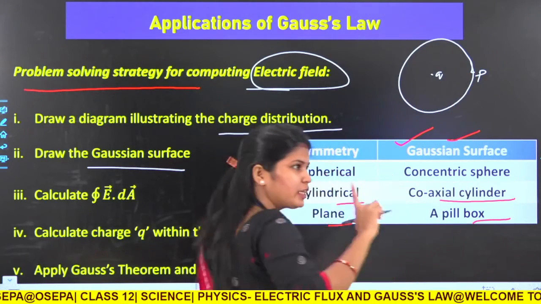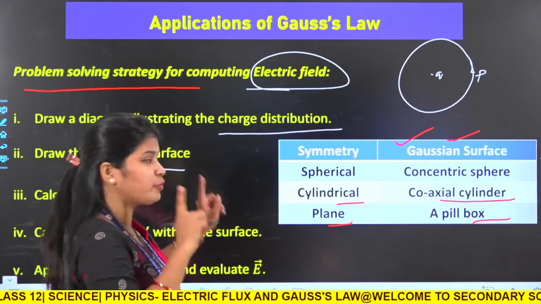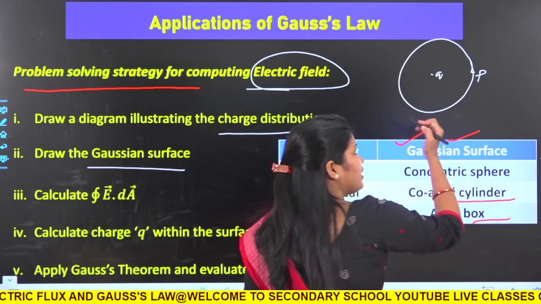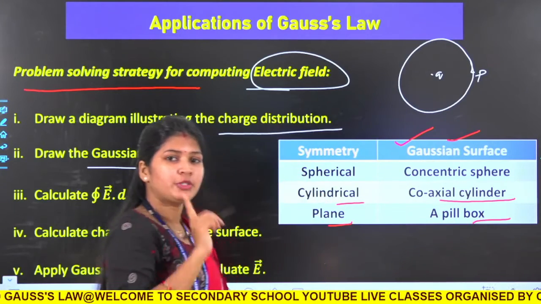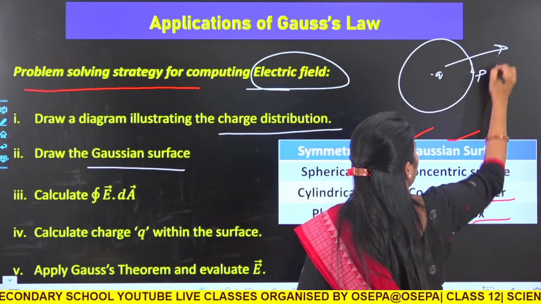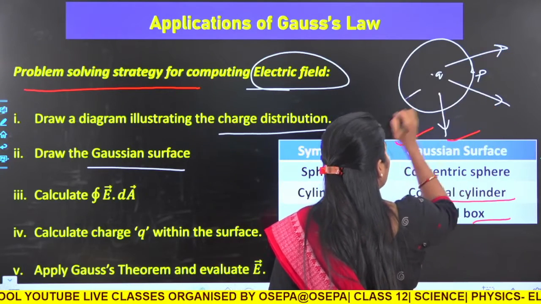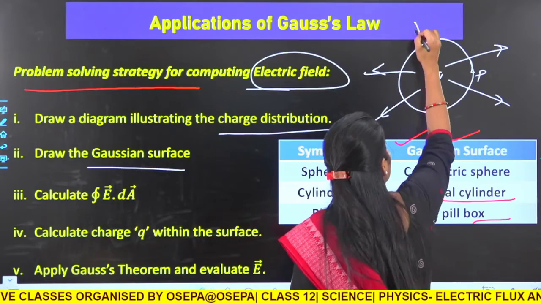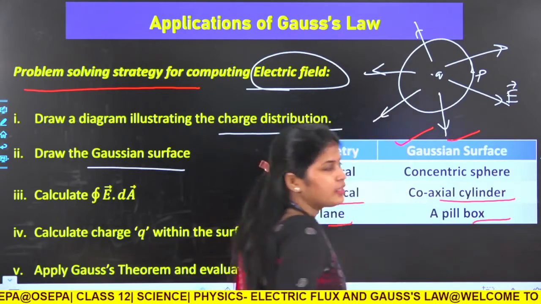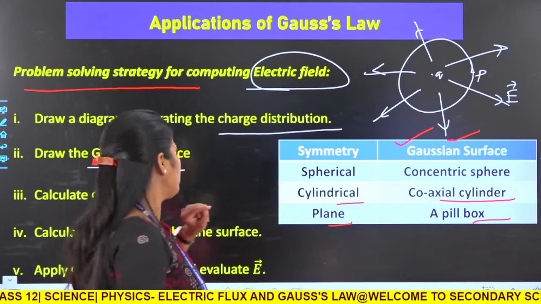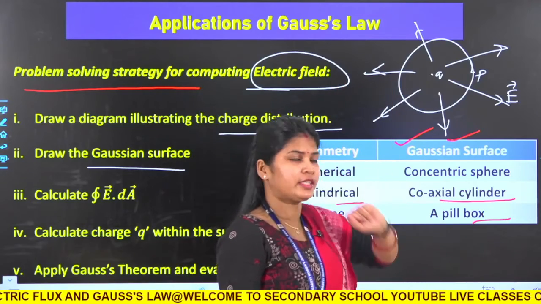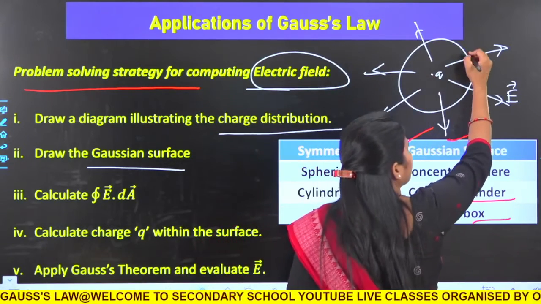First, the Gaussian surface should be closed. Next, the electric field should be symmetrical everywhere. For the point charge, we know the electric field is the same at every point, and the angle between the electric field and the area vector, that is theta, should also be symmetrical.